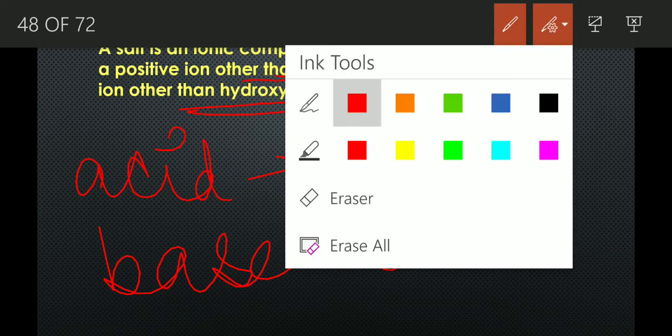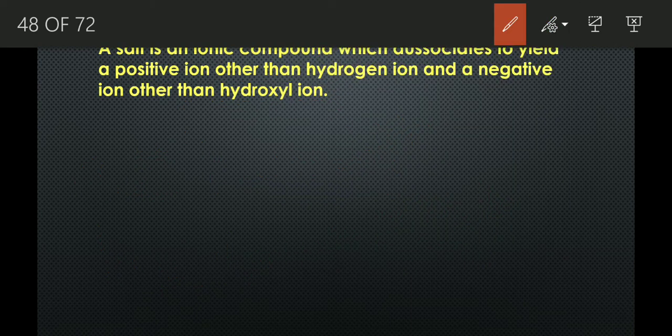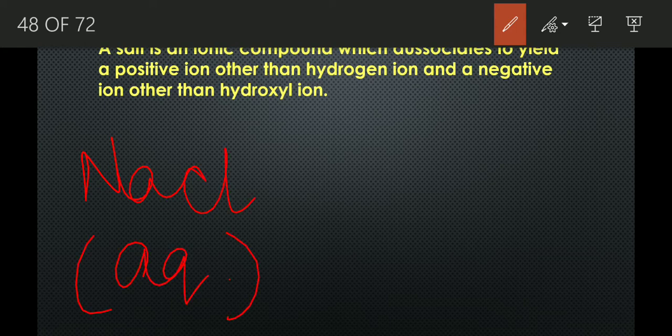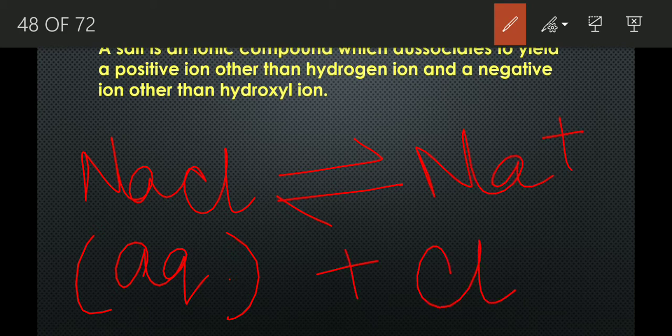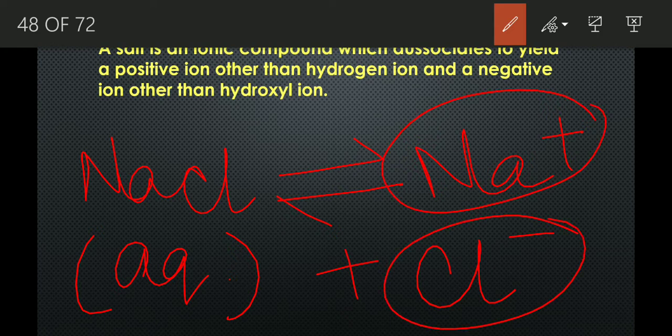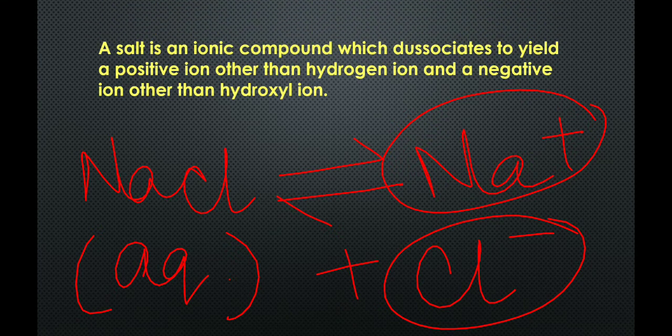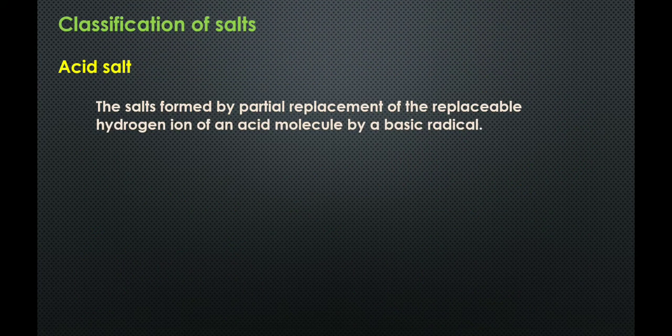But salt also gets dissociated to give a positive and a negative ion, other than the hydrogen and hydroxyl ion. For example, sodium chloride, NaCl, when it dissociates, gives a positive sodium ion, Na+, and a chloride ion, Cl-. So it dissociates into a positive ion and a negative ion, but except hydrogen ion and hydroxyl ion. Clear?